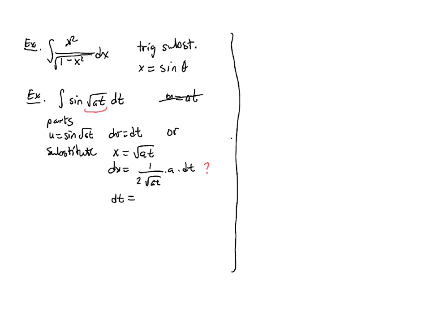So dt in this case is going to be, I'm just going to move all that stuff over, so it's going to be 2 square root of at all over a, and let's fix that denominator, and let's fix that t while we're at it.